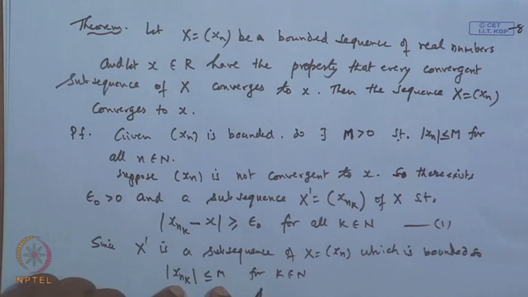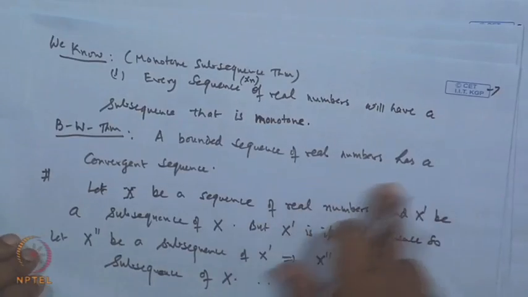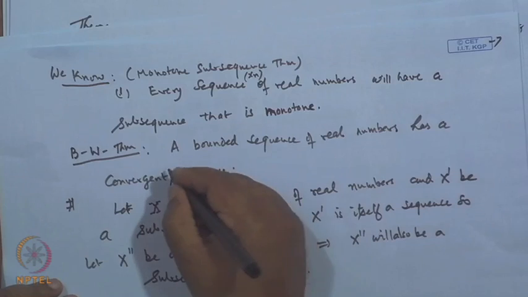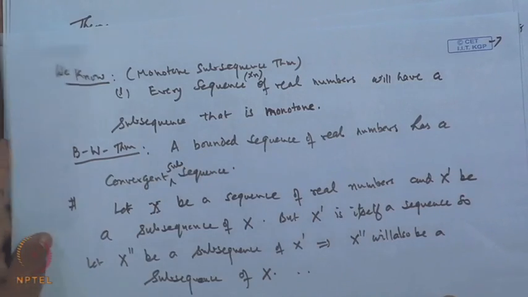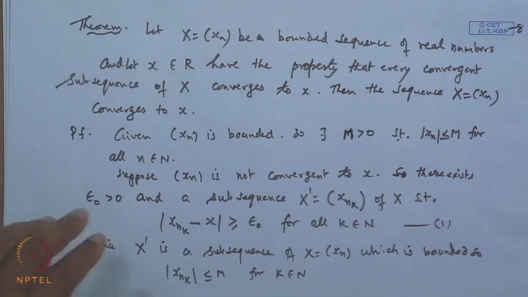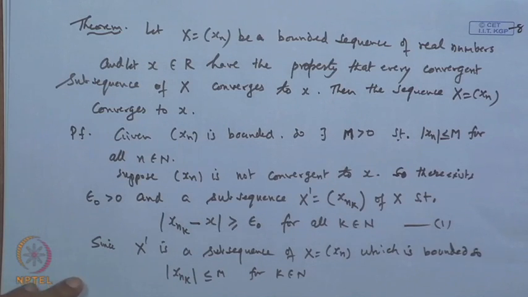Once it is a bounded sequence, then by Bolzano-Weierstrass theorem, a bounded sequence of real numbers has a convergent subsequence.